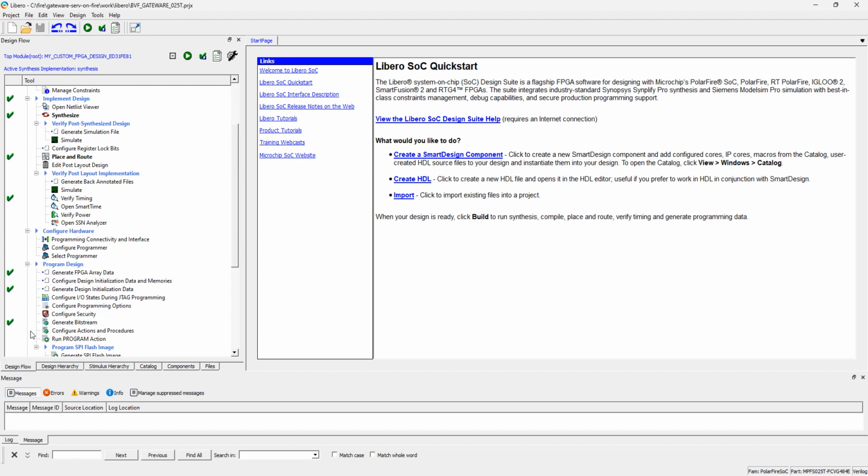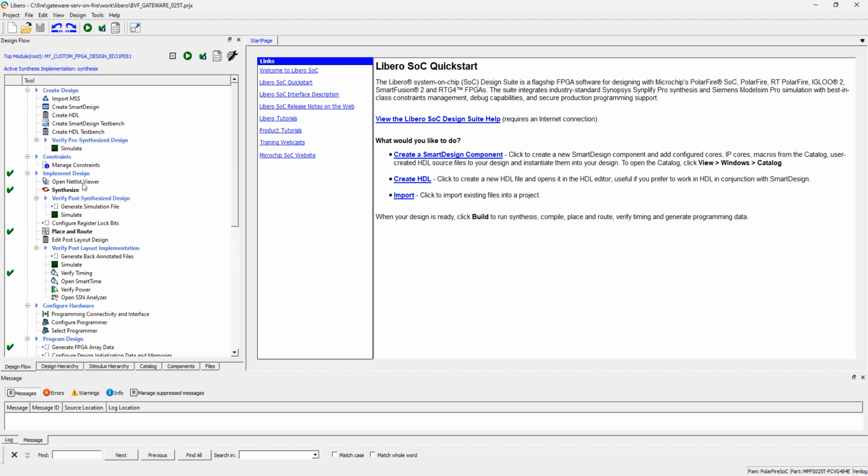That means that those were all successfully done. So it successfully synthesized the design, did place and route where it took the gates and it picked which gates to use and what routing channels to use to connect them. And then we did a verification on timing to see how that looked.